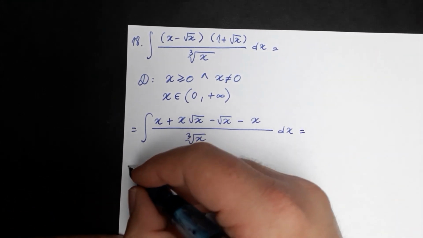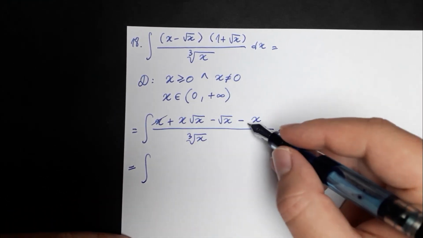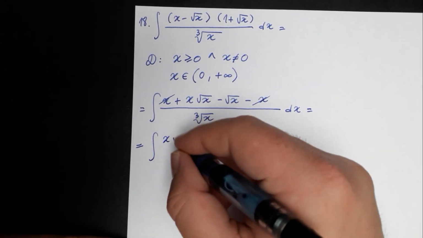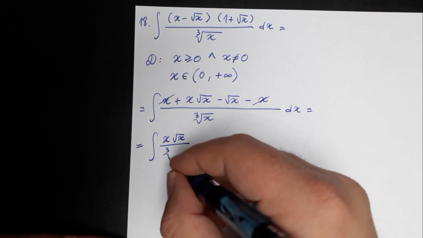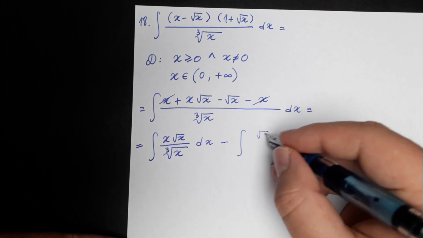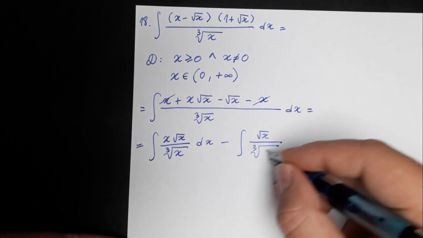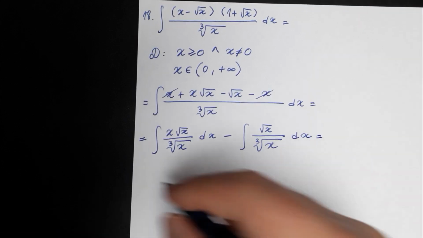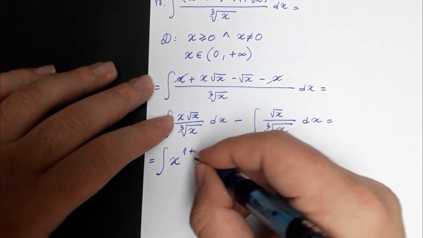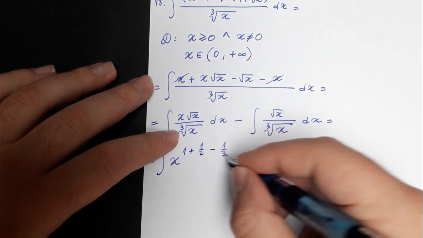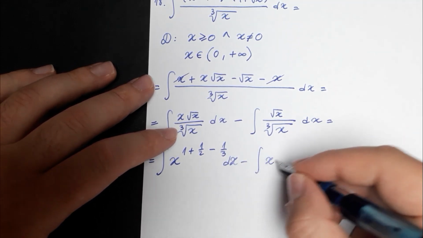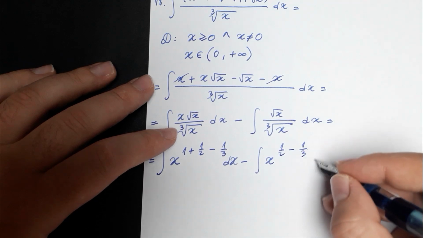This is then equal to an integral. x and negative x are going to cancel out, and we are left with x square root of x divided by a cubic root of x dx minus an integral of square root of x divided by a cubic root of x dx, which is equal to an integral of x to the power 1 plus 1/2 minus 1/3 minus an integral, of course dx, x to the power 1/2 minus 1/3 dx.